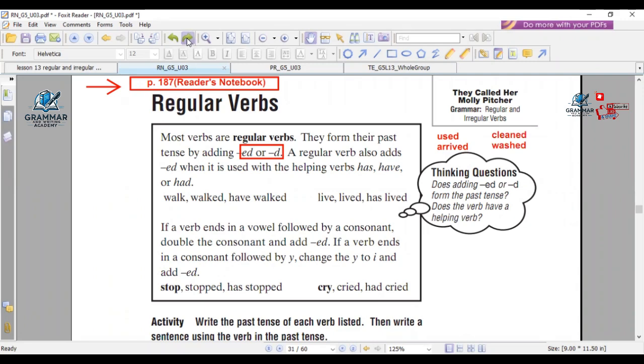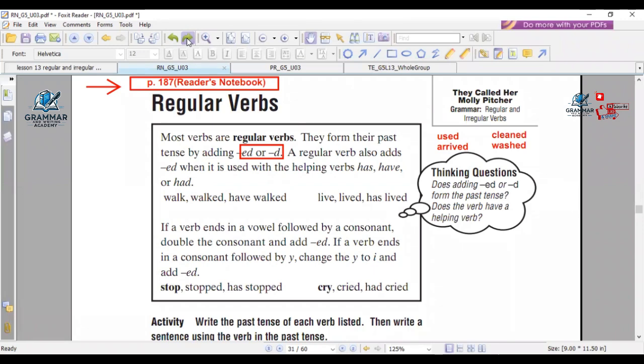Yes. Easy and clear. A regular verb also adds ed when it's used with the helping verbs has, have, or had. I told you before, if you have a sentence that has both a helping verb and a main verb, you have to pay attention to the helping verb because we have so many kinds of helping verbs. In this case, I'm talking about the helping verbs has, have, had.